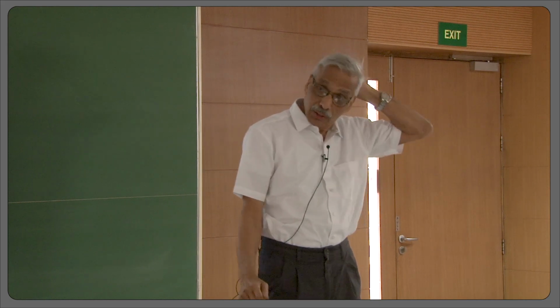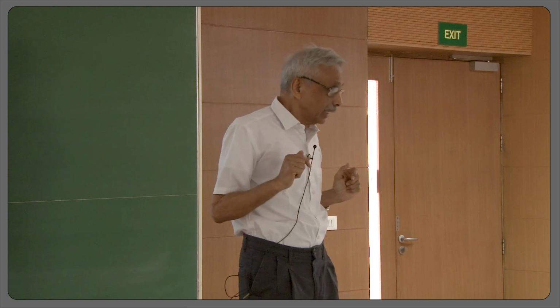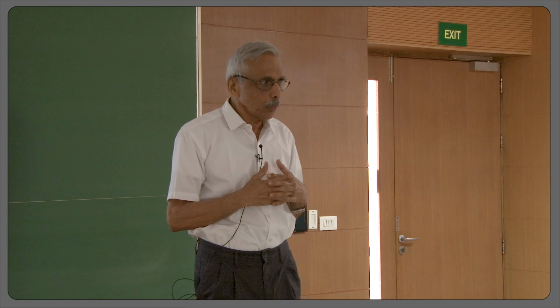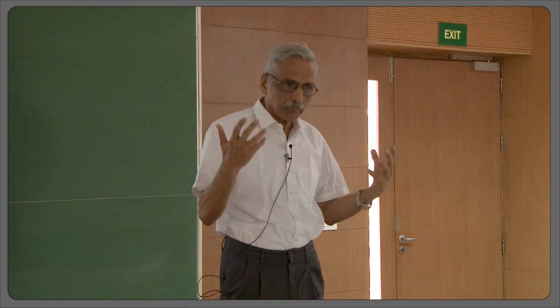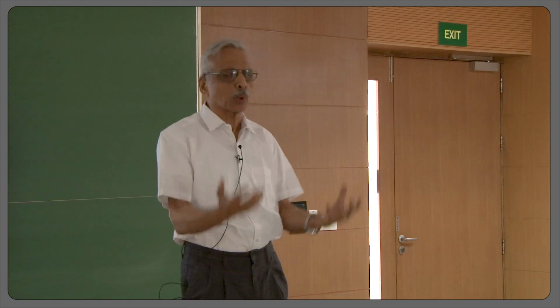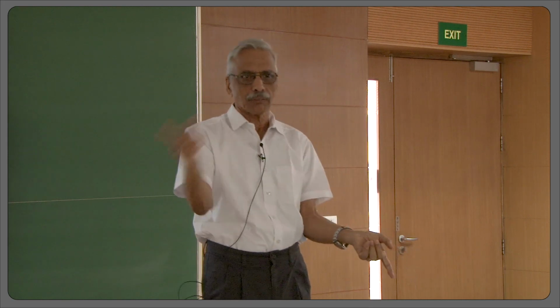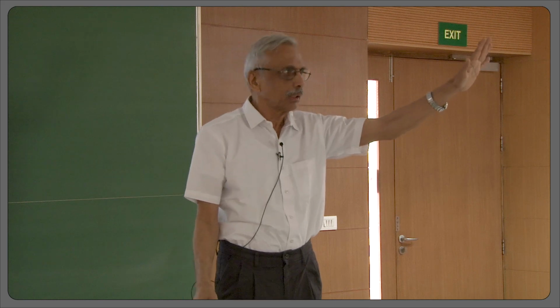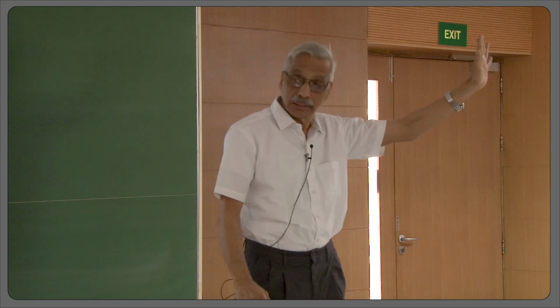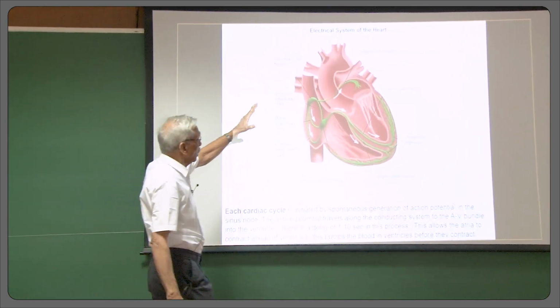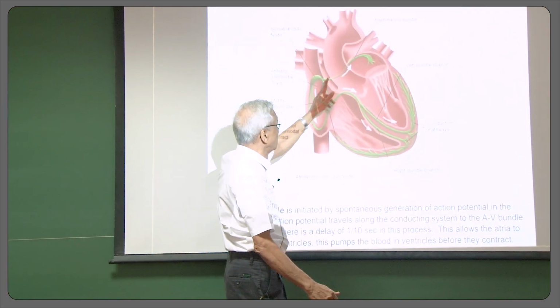Because of this amazing arrangement, it is possible to figure out how the cells will contract. Each and every cell is programmed to contract at a particular moment with reference to the cell on the left and the cell on the right. Are you with me? Amazing organization, beautiful. So the action potential will generate here and spread here.